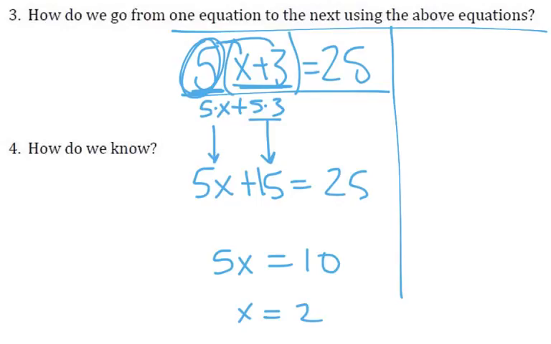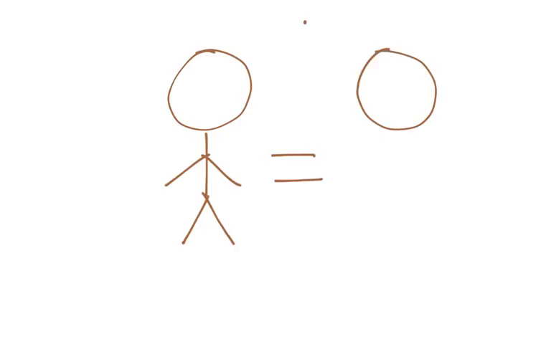Now, notice we only changed the left side to get from here to here. Why is that? Well, you've got to think about it like this, and this kind of maybe explains the whole thing. Let's imagine we've got 2 twins here. And these twins look exactly the same, except one's a little sadder than the other.